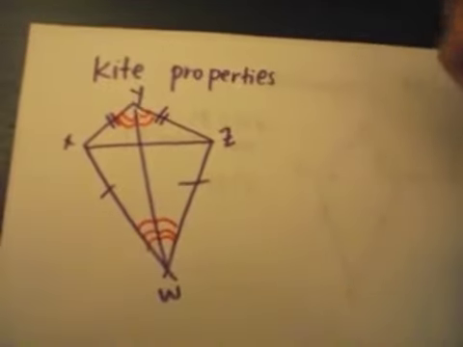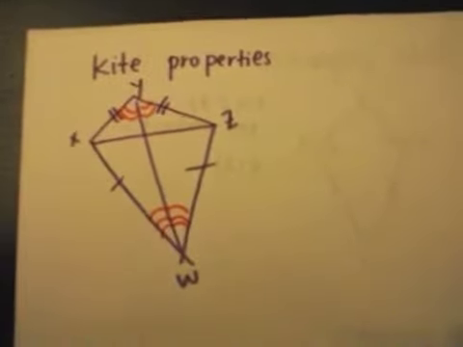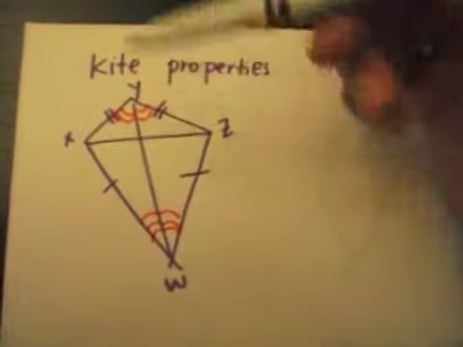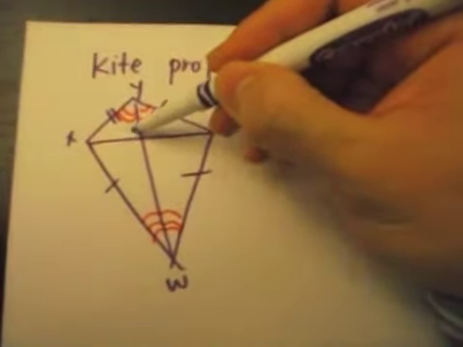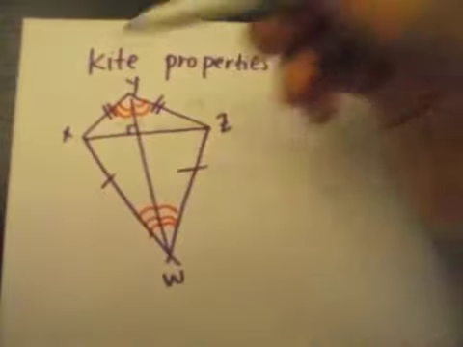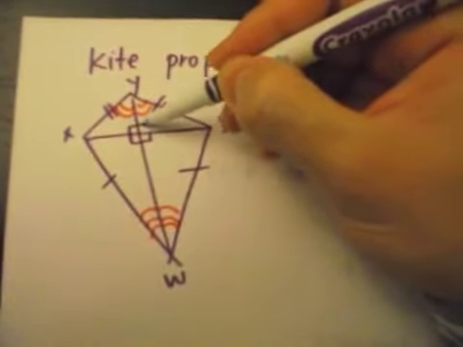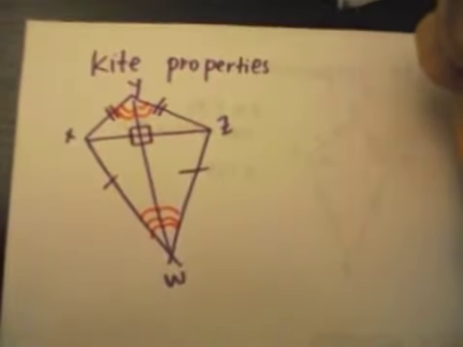The second thing about the diagonals of the kite is that both of the diagonals together are perpendicular. Remember, perpendicular means that they make right angles where they intersect, just like that.